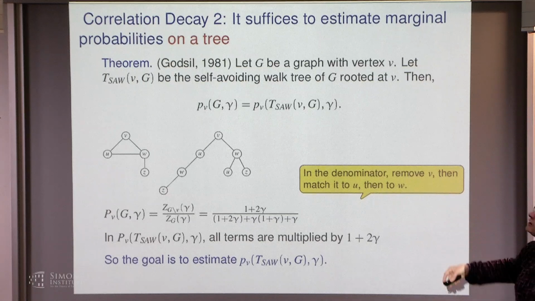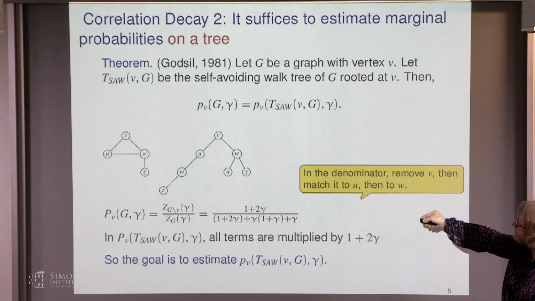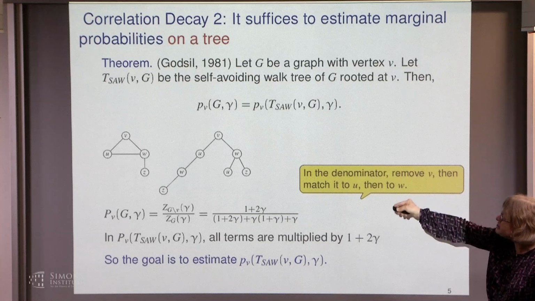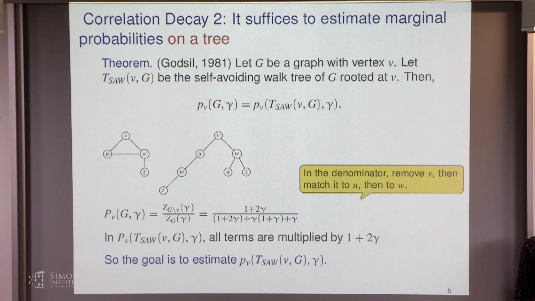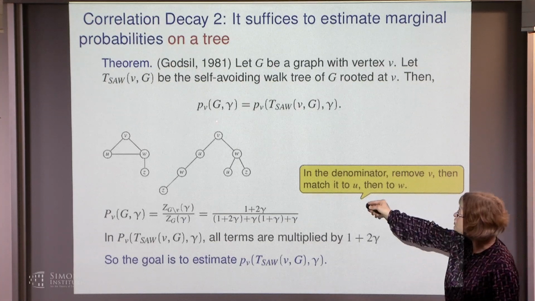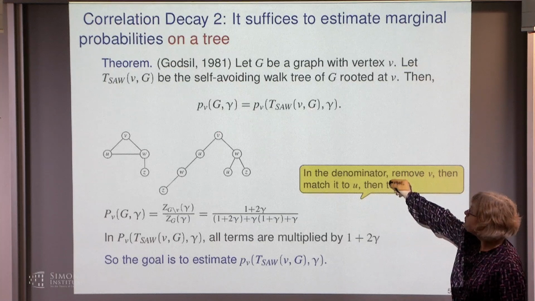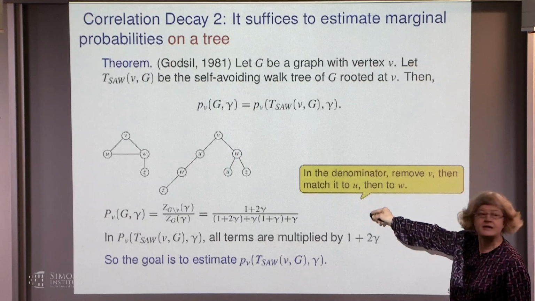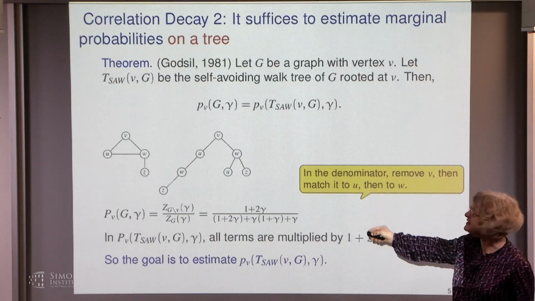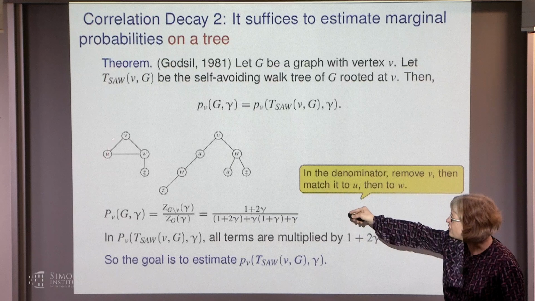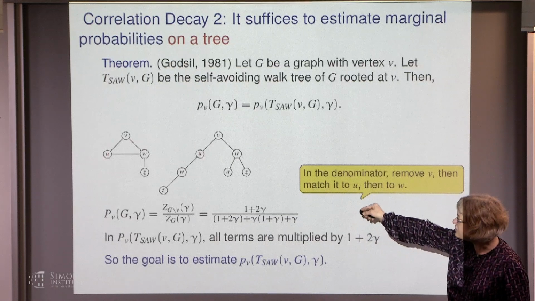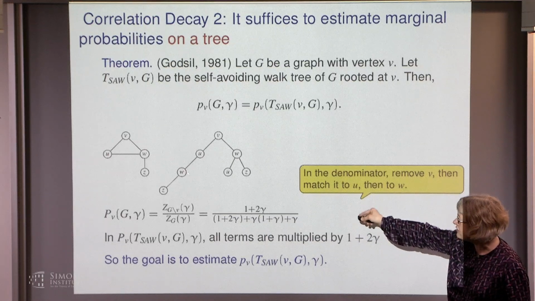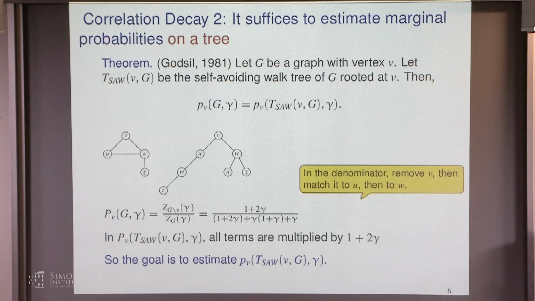It's the same rational function as what you would get if you estimated the same marginal in the self-avoiding walk tree, which is just the tree where you start from G, you start from v, and you enumerate all walks from v that don't visit a vertex twice. So from v you can go to u or w, but once you're at u, without going back, you can only go to w, and so on.